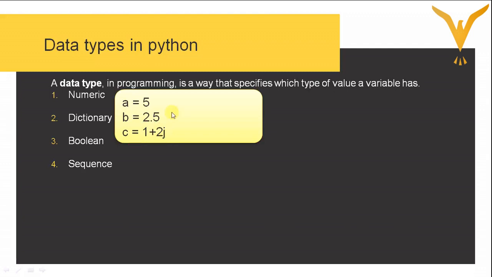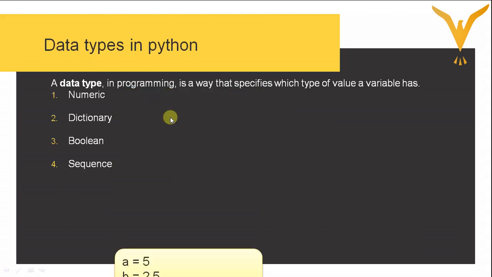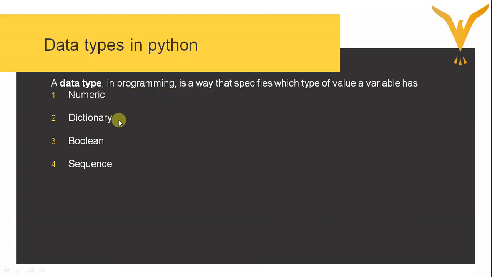There is one more thing that you should know about, dictionary, that we are going to see in a dedicated chapter. There is one more thing called boolean, whose value can either be true or it can be false. So there are only two possible values for this particular data type.